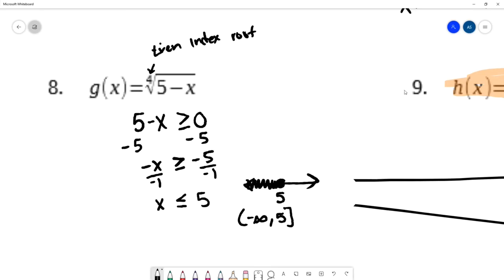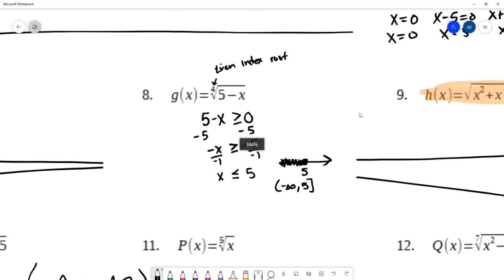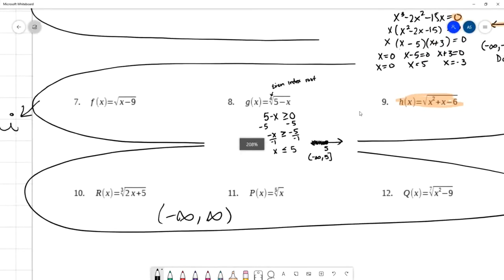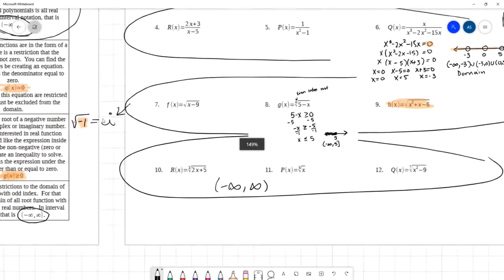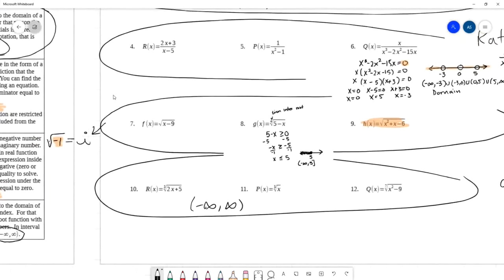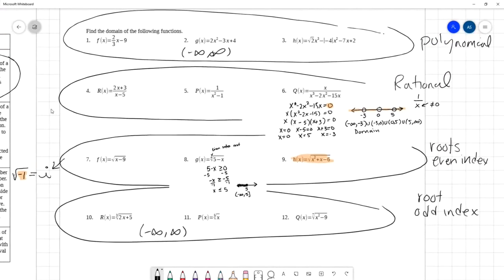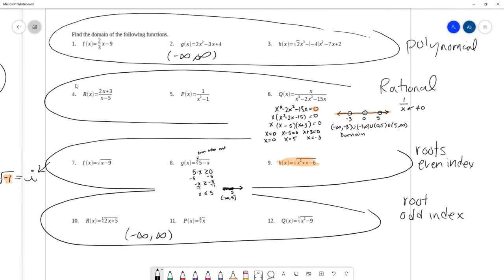So hopefully, let me zoom out so you can see all these examples. I've given you an overview of the different types of domain questions that will show up on the test. So you've got to first categorize and then find the domain for that category.